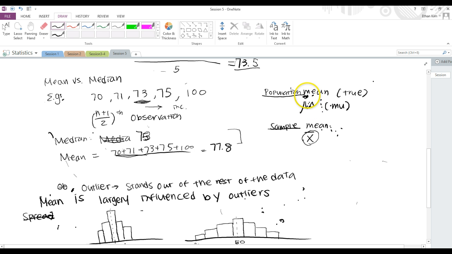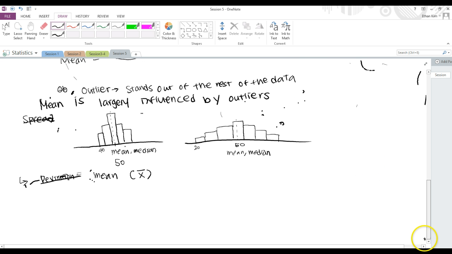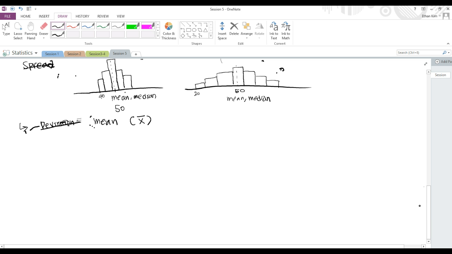That's why we collect a sample, a small portion of the population, so we can estimate, because it is impossible to measure the population without doing any sampling. So that's the notation we use for population and sample mean.